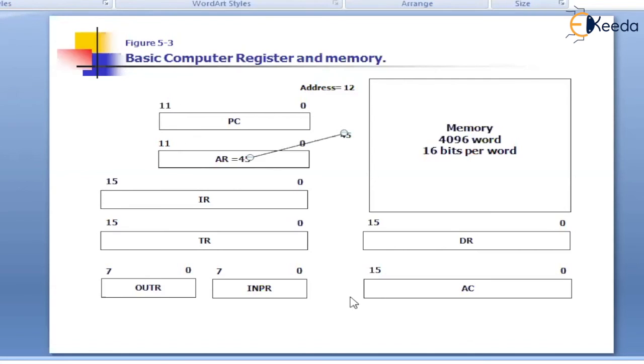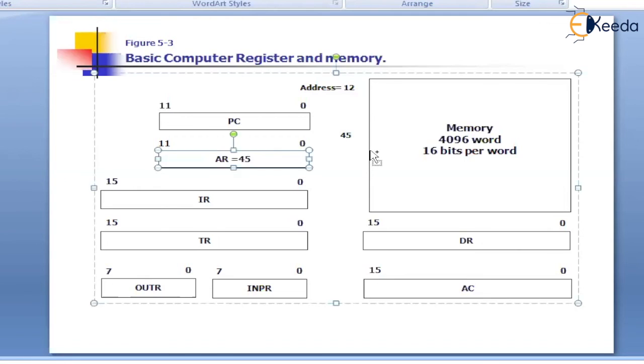Try to understand. There are several registers: accumulator, data register, input register, temporary register, instruction register, program counter. Why does the CPU want only the address register to communicate with the main memory? Try understanding this very carefully. This address register has a direct connection to the address part of the main memory.